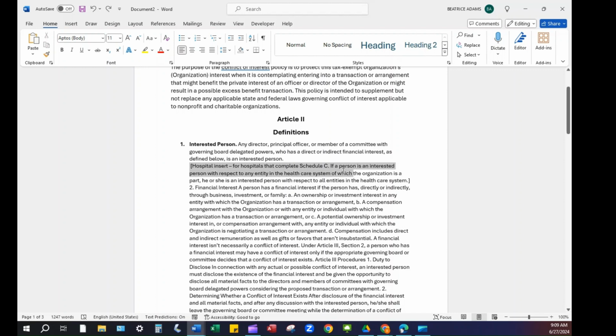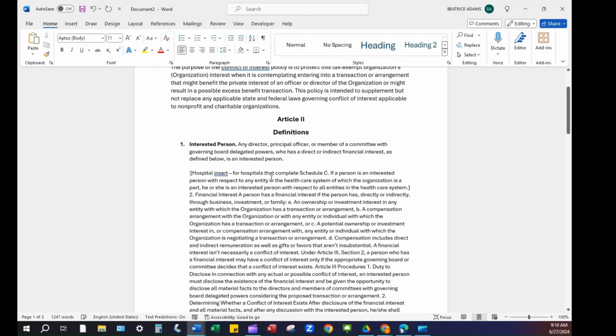It says if a person is an interested person with respect to any entity in the healthcare system of which the organization is a part, he or she is an interested person with respect to all entities in the healthcare system. Now, what they're saying is hospitals insert, right? So you would insert, this is what you would do. Most of my clients have not started hospitals. They're just not doing that.